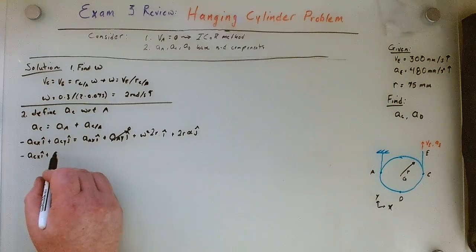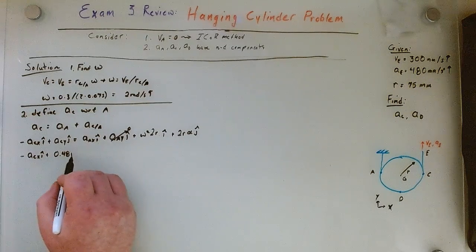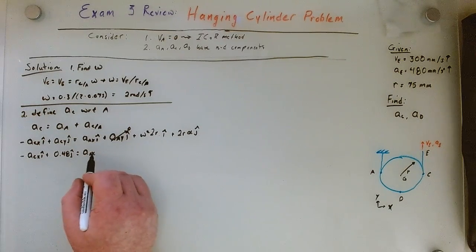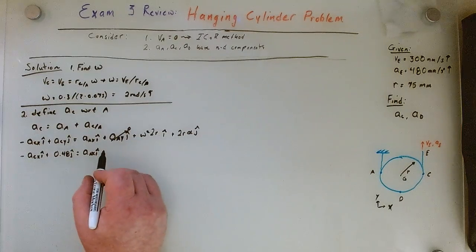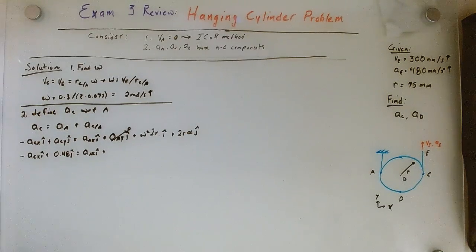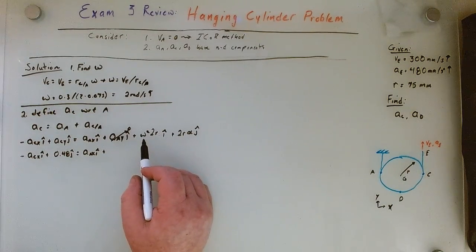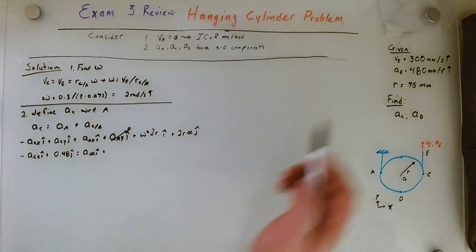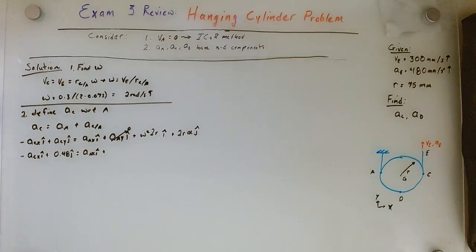So plus 0.48 j is equal to AAX i plus, let's see, oh, we have values for all of these, don't we? So this is squared, so that's 4, times 2 is 8, times 0.075. 8 times 0.075 is 0.6.